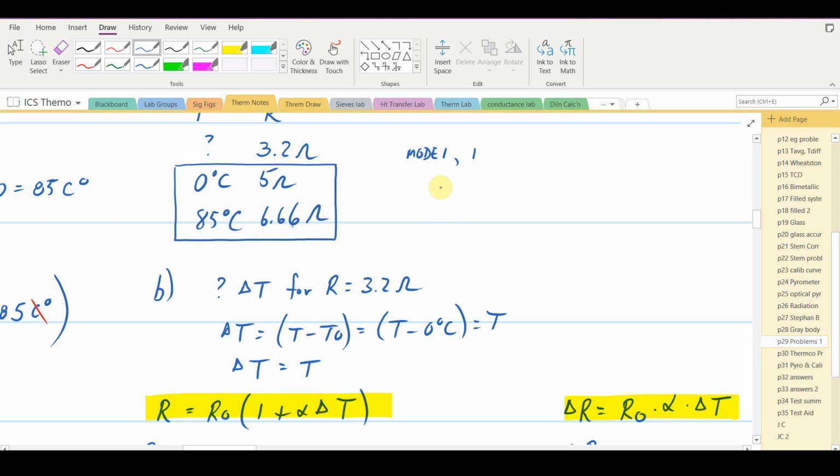You have 0, then the XY key, 5, and depending on your calculator, press the data key. And for the second data set, you'd enter 85 and the XY key, followed by 6.66 and the data key, again depending on the calculator you're using.